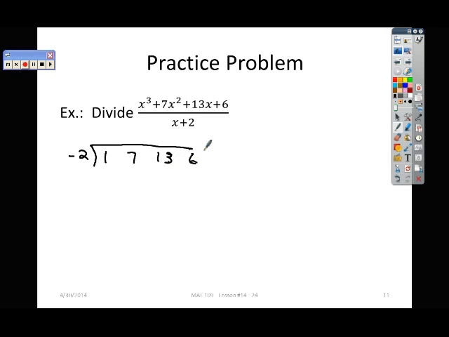Just write them down. Then what? Draw a line so that I have something to write above and below. And then bring the 1 down all the way to the bottom. That times this, and where do I write it?